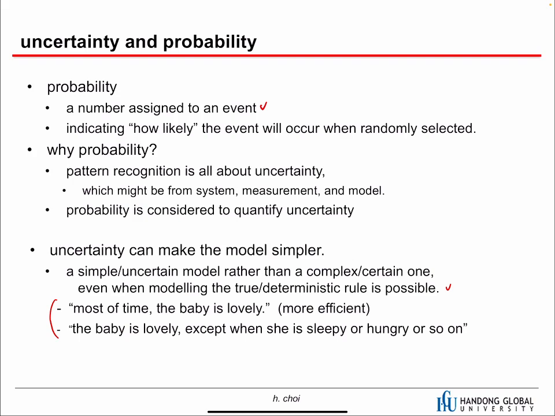But to be exact, we have to describe this most of the time like this: the baby is lovely except when she is sleepy or hungry, or we have to describe all the details here. But we prefer this statement rather than this one because this one is simpler and more efficient to deliver the message, right? So sometimes we don't need these details. Even though describing the details is possible, we don't like it because the simpler model is better, with some amount of uncertainty.